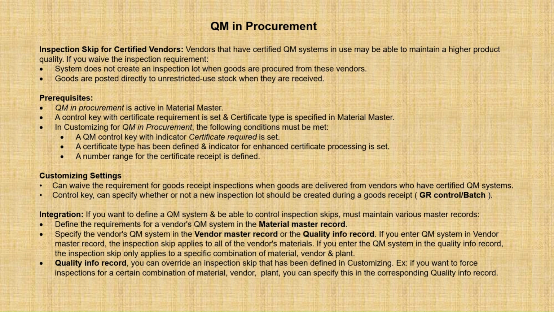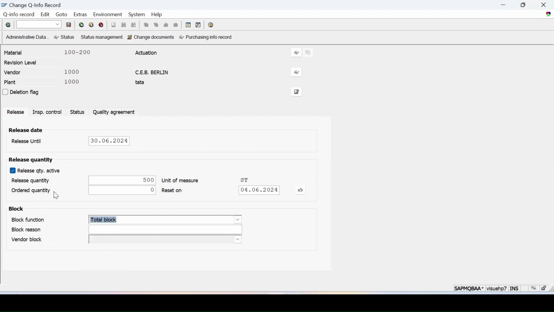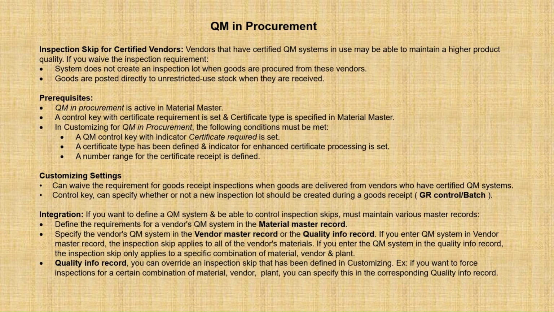This block function is there. Even that can be controlled by the quality department: if I'm continuously getting poor quality material from this vendor, then I can block this vendor also, that I don't want to buy anything now. If I click on this total block, the person will not be able to create a purchase order, because this record is maintained by the quality department and they have the right to block.